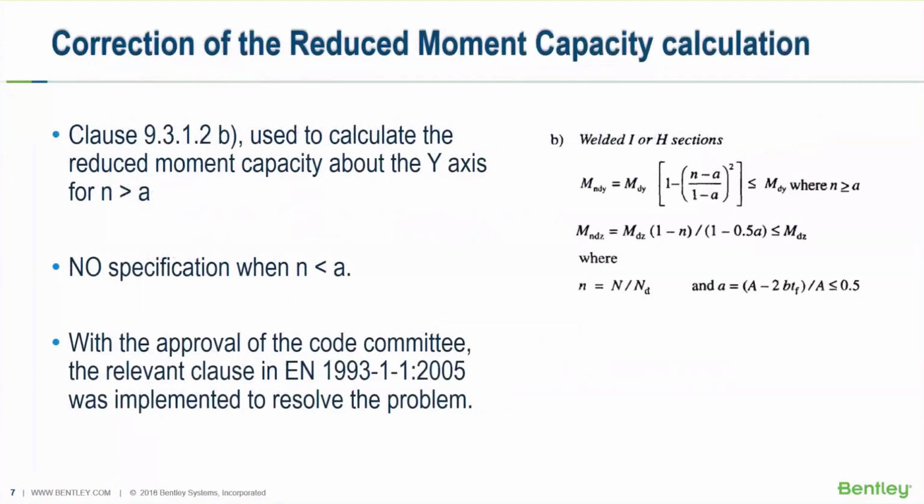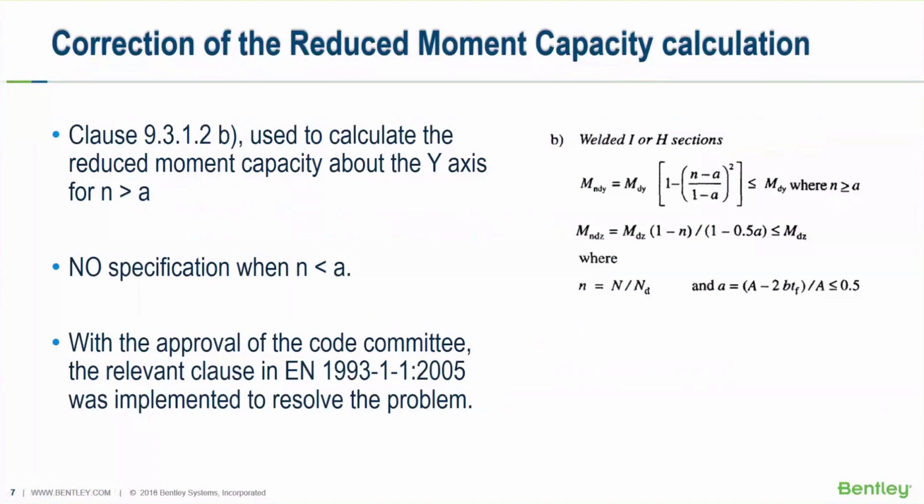So there is one more part, which is the reduced moment capacity calculation. What our code defines, as you can see on the right here, is the reduction equation in the design capacity in case the value of n is greater than or equal to a. But what about the reverse?